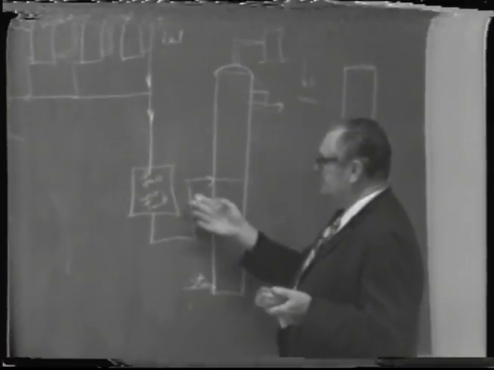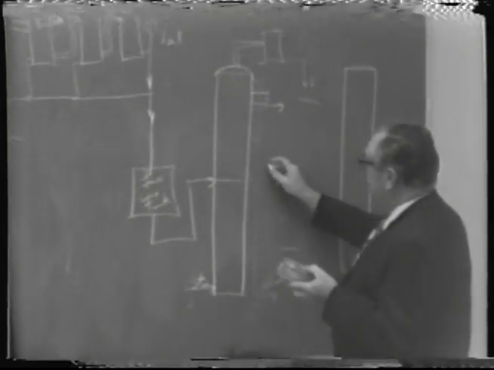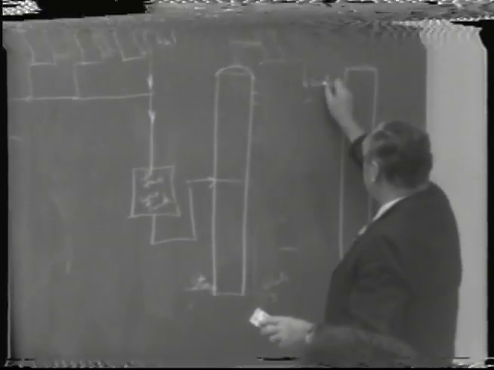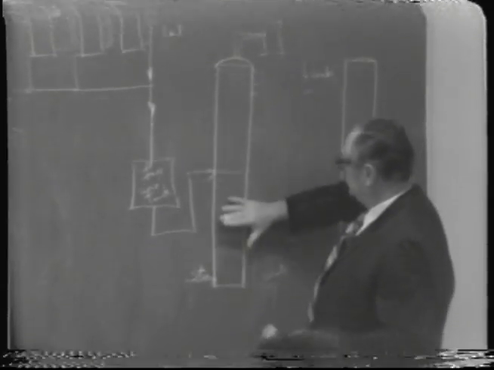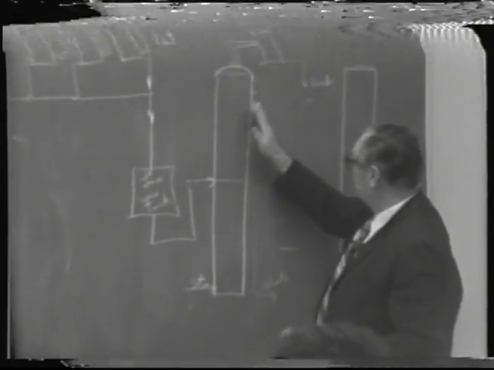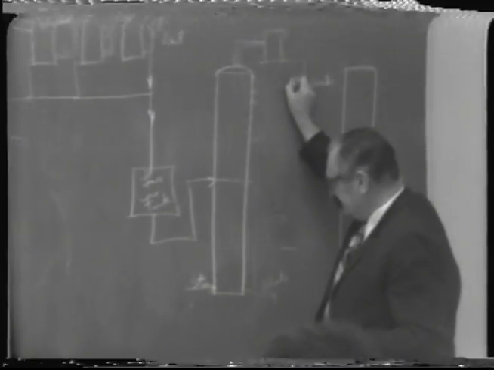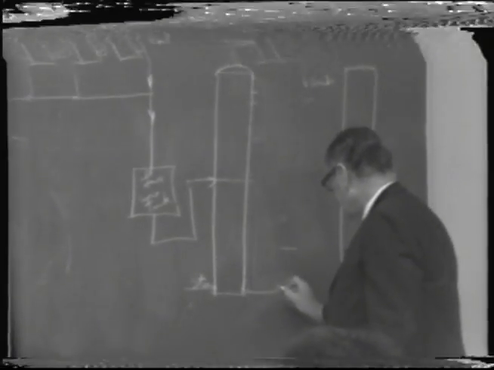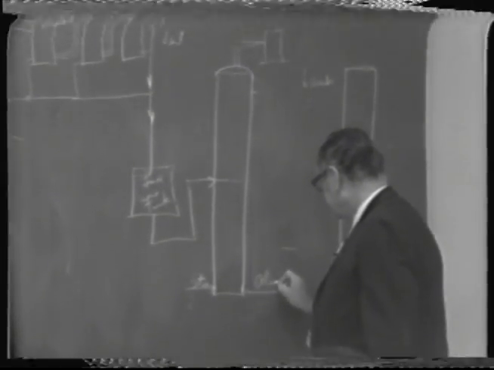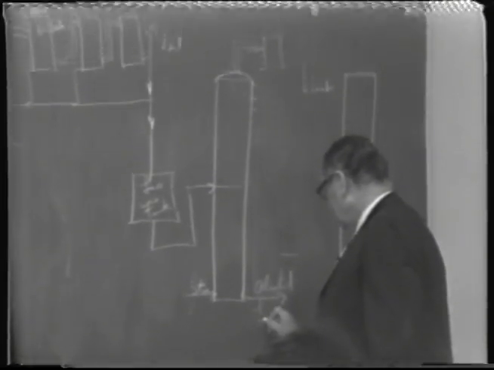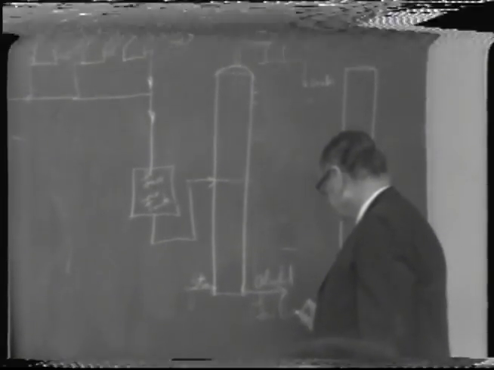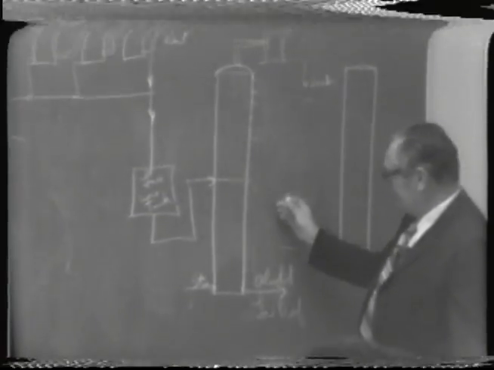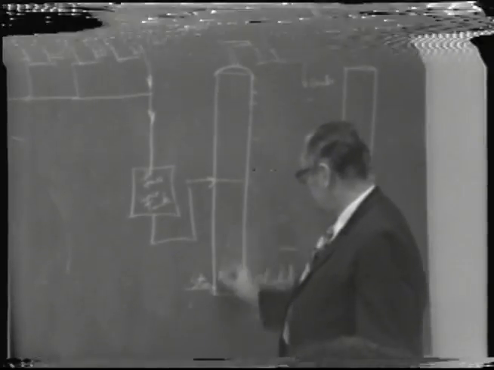If we run this low wines into this one here and operate in such a way that we take off heads here, but only a small amount, and take off the main product down at the bottom, let most of the alcohol come out here as a low-proof alcohol, well, we have what's been called in this case a purifying column.